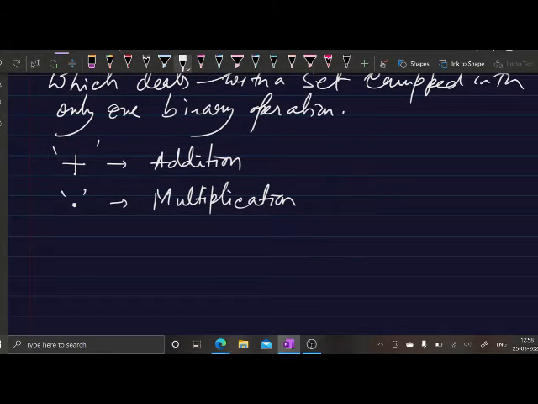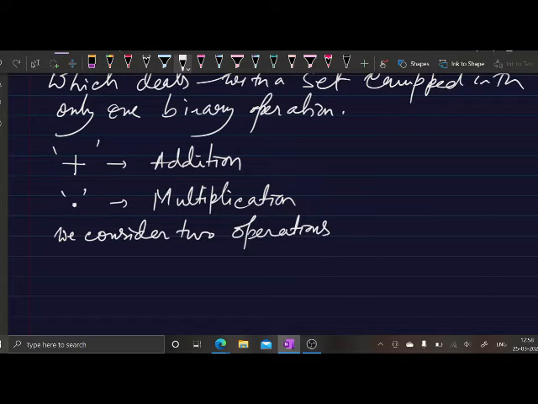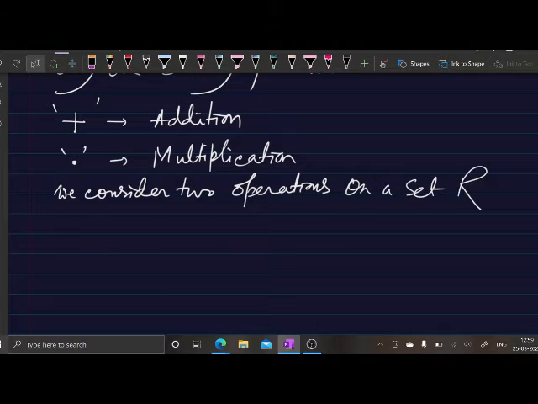Okay, so we consider two operations. One is called addition and another one is called multiplication on a set R. We just denote this set as R. Now what shall we do with these two operations that have been defined on R?